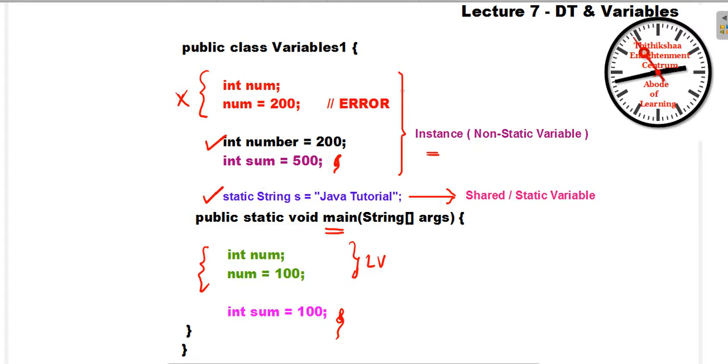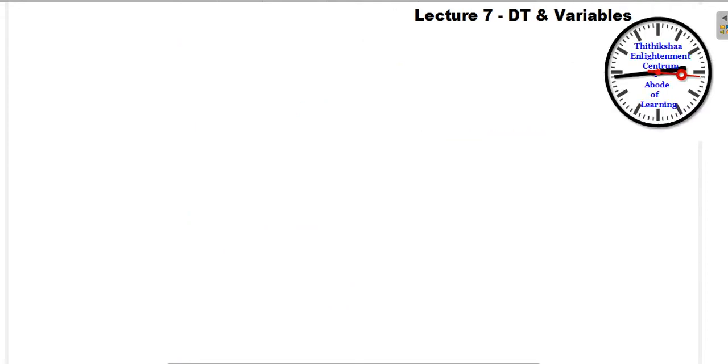So totally there are three types of variables. One is called a local variable, which is accessed only within that method. And the instance and the shared or static variables are nothing but class level variables. They can be accessed throughout the class. We will see an example for everything.